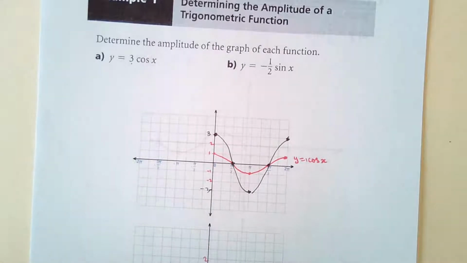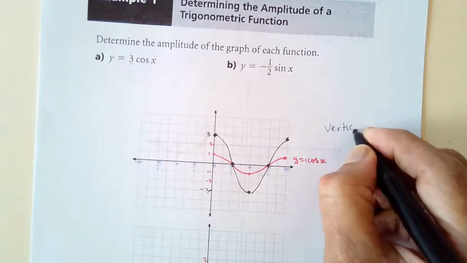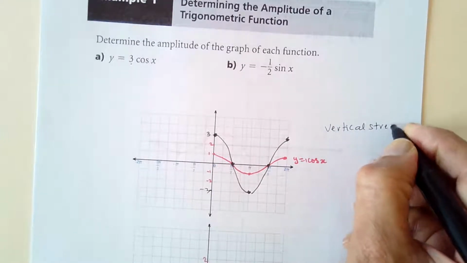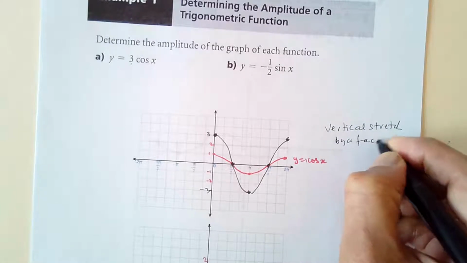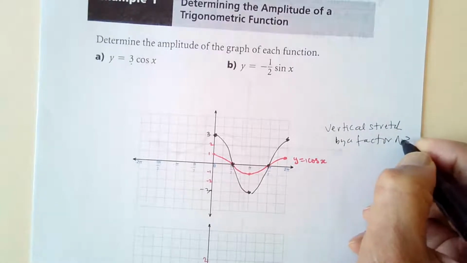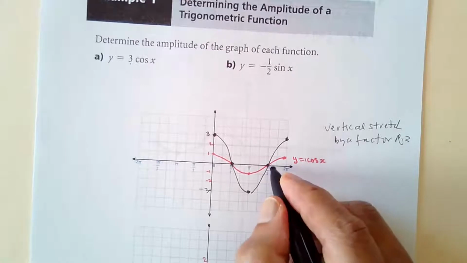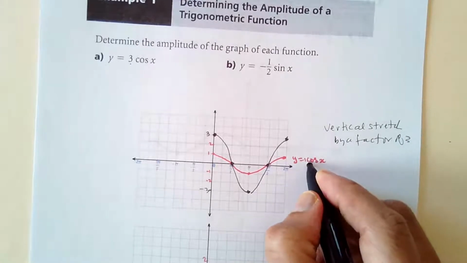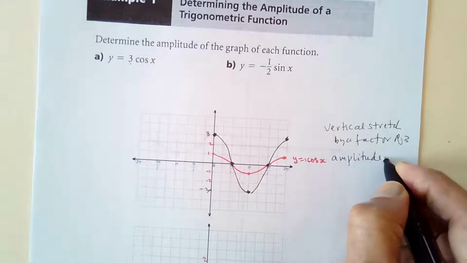From our graph, it's been vertically stretched, so we have a vertical stretch by a factor of 3. For the original one, the amplitude is 1, so the amplitude is equal to 3.